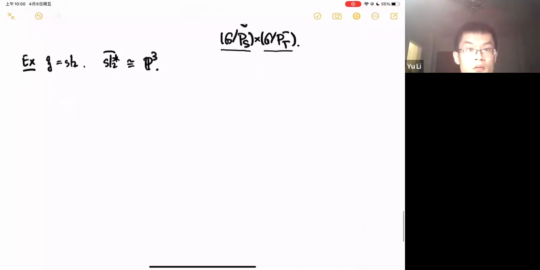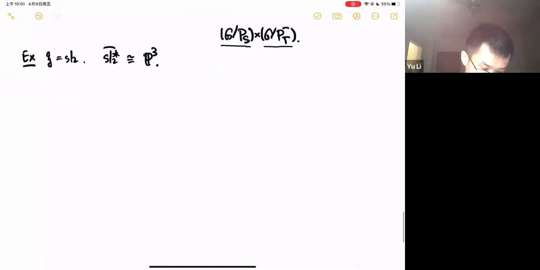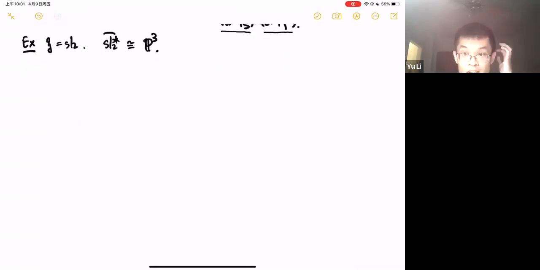This one can be proved, but it is not easy and it's not illuminating. So I'll just give you the answer without explanation. What I'll do is explain in great detail what H bar is.